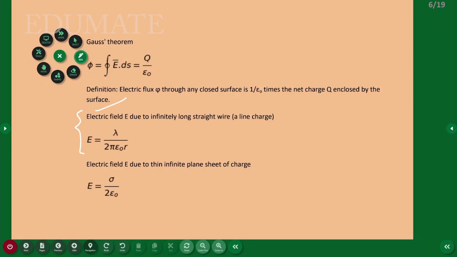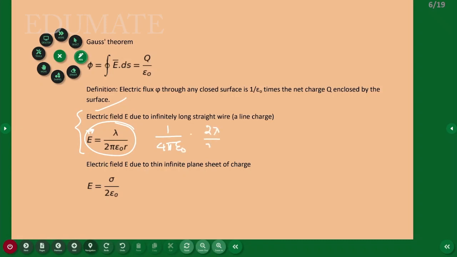This is one application: finding the electric field intensity at any point near a long straight wire, also called a line charge. The electric field intensity at any point near a line charge is given by lambda by 2 pi epsilon 0 r. Otherwise it can be written as 1 by 4 pi epsilon naught into 2 lambda by r.